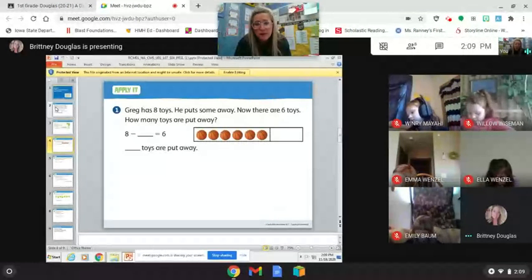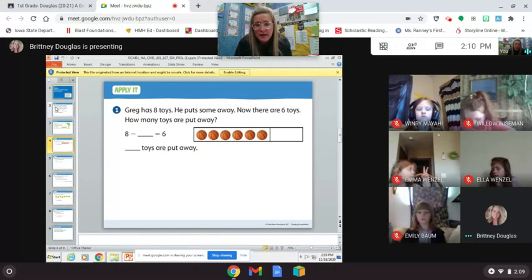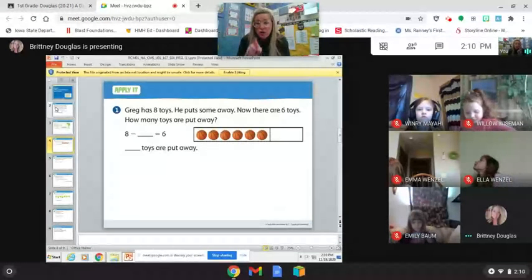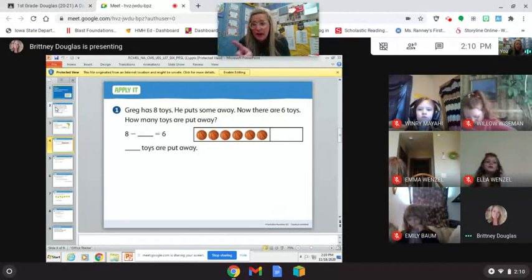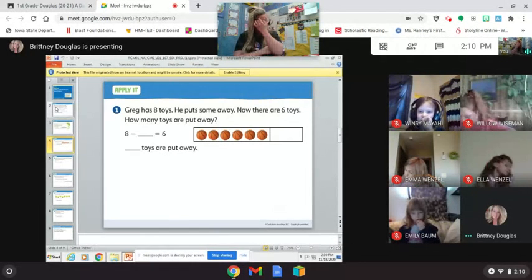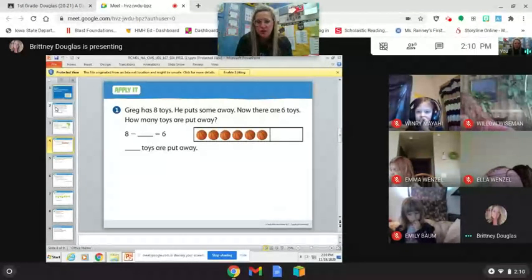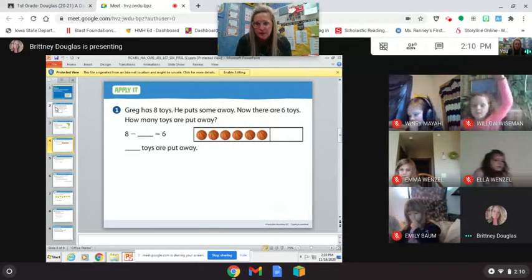What plus 6 equals 8? Or 8 take away what equals 6? So you could finish drawing the counters. They already drew the basketballs there for you. You could draw to make 8, or you could start at 6 and count up to 8. Let me know when you get an answer. Raise your hand and I'll call on you and you can tell me what you did.